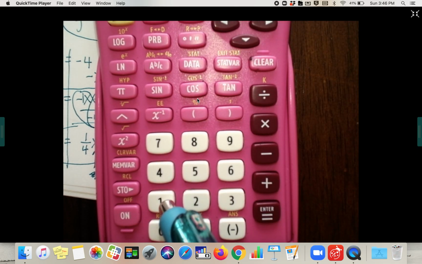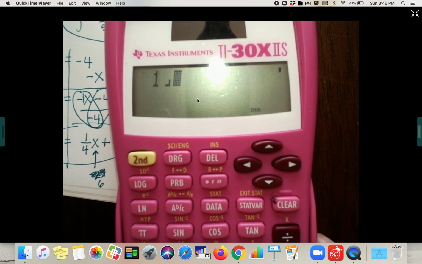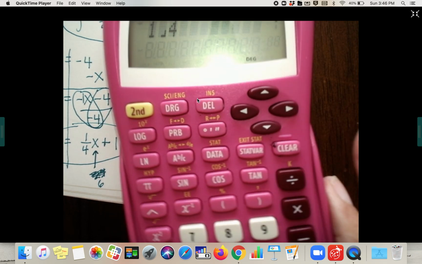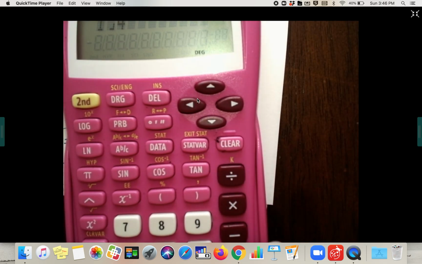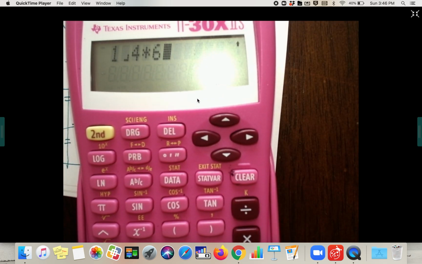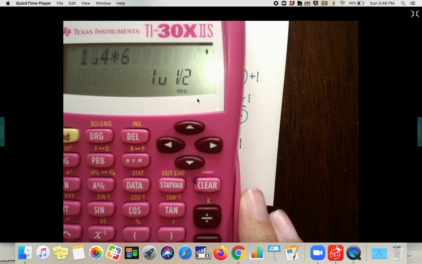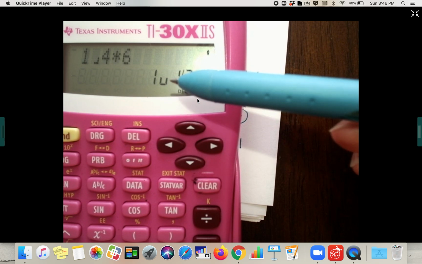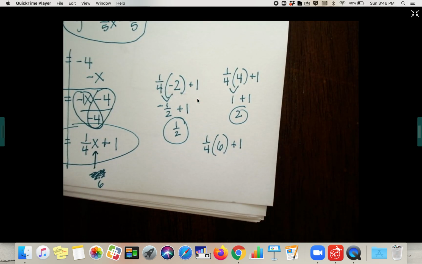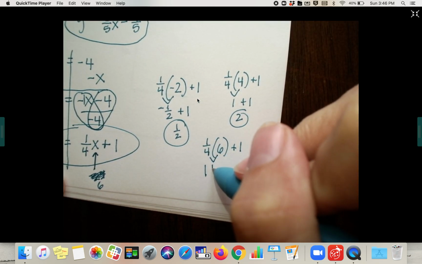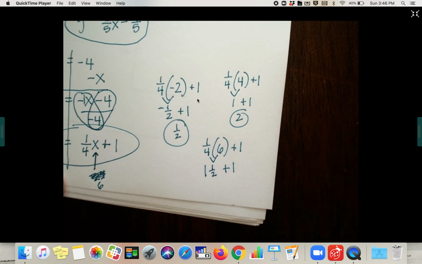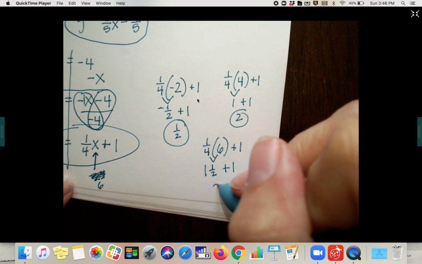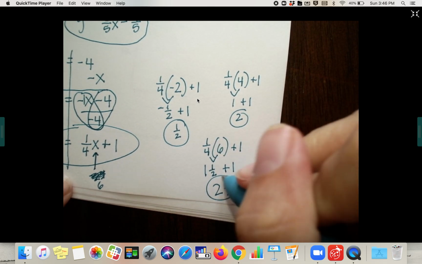So for 1/4, it's 1 ABC 4 times 6 equals 1. This little u means it's a space. 1 and 1/2. So this multiplied is 1 and 1/2. Then you've got plus 1. You can use your calculator if you want, but 1 and 1/2 plus 1 is 2 and 1/2.